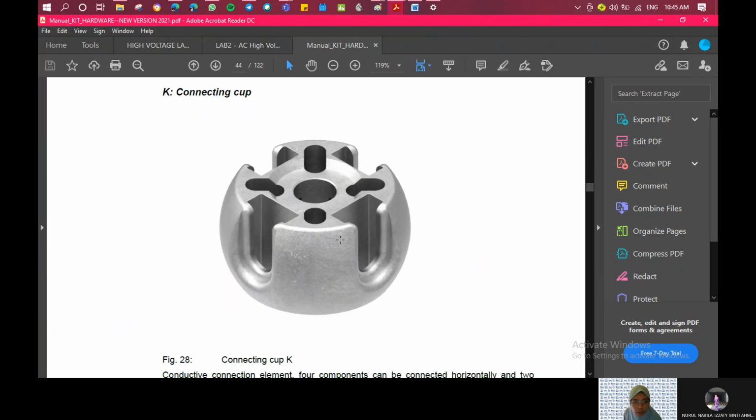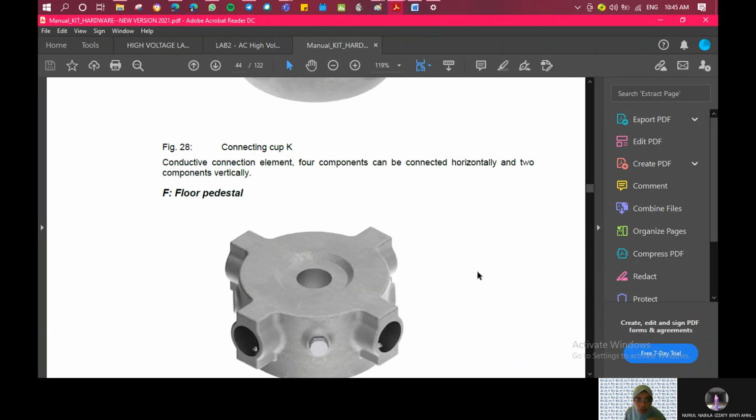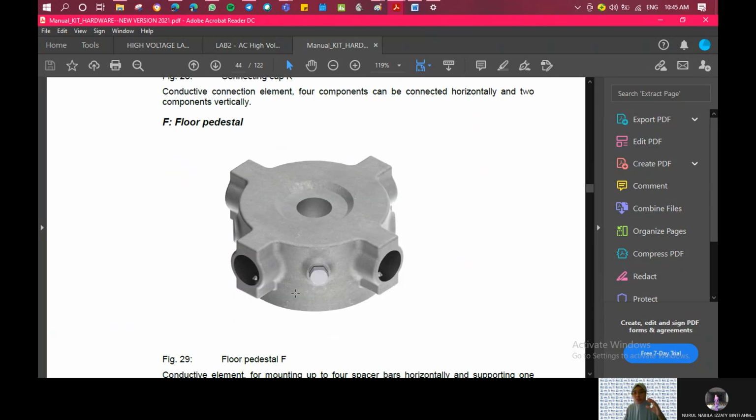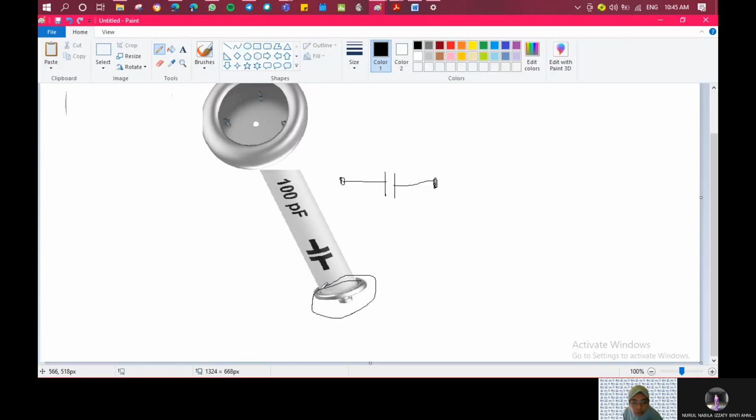We use this connecting cup at the top of the measuring capacitor before the top electrode, and the floor pedestal is located at the bottom of this one here.